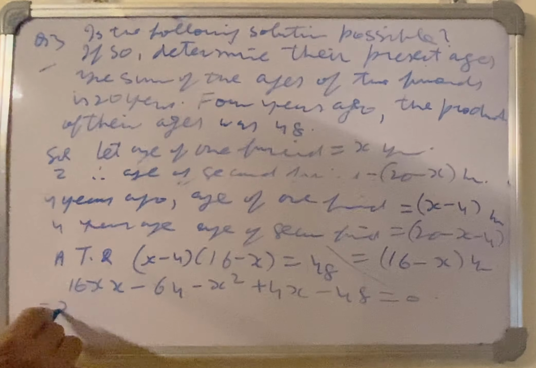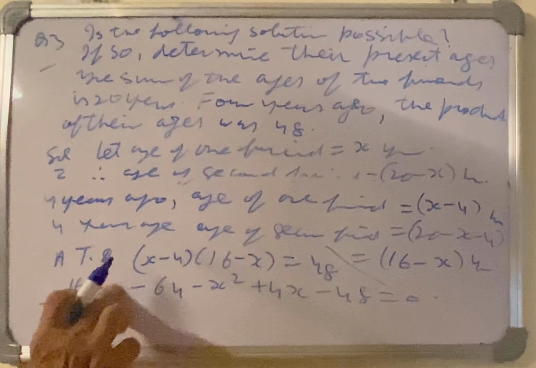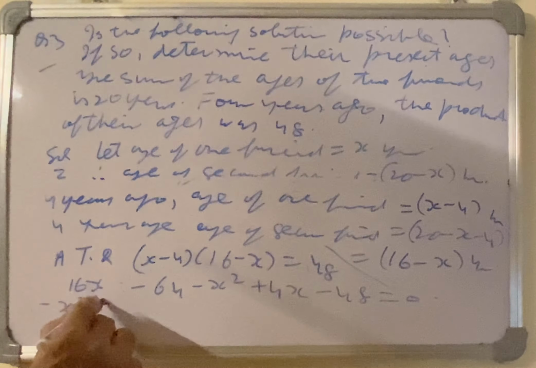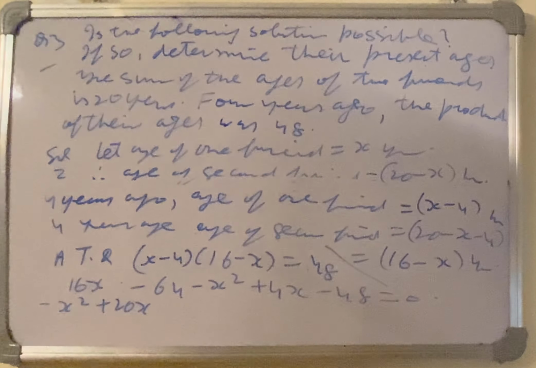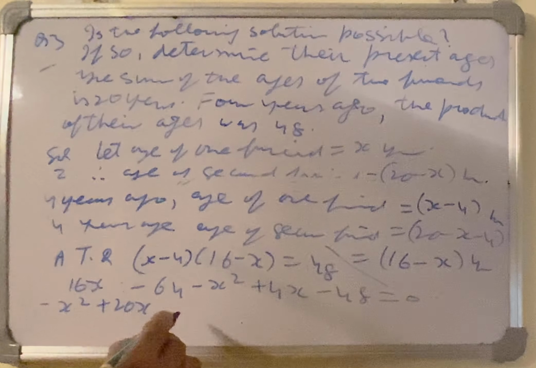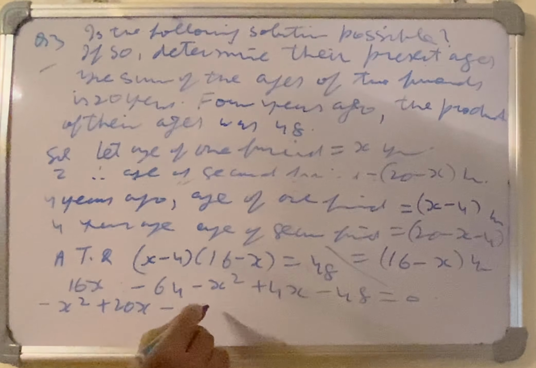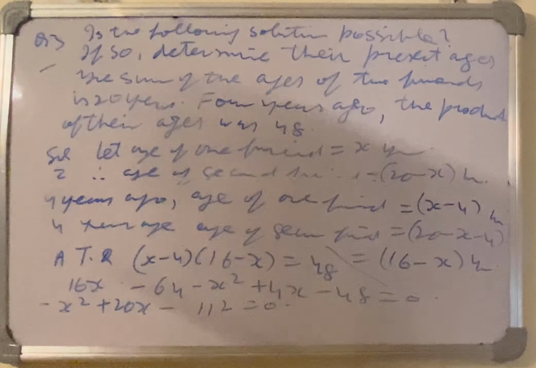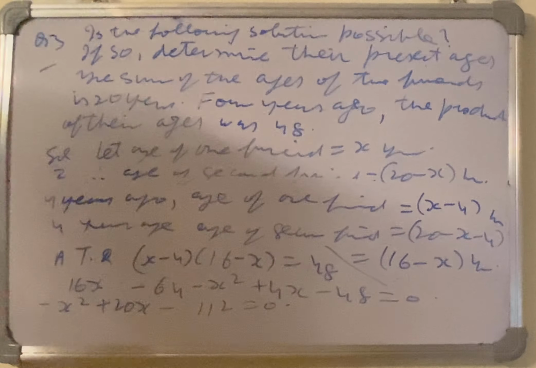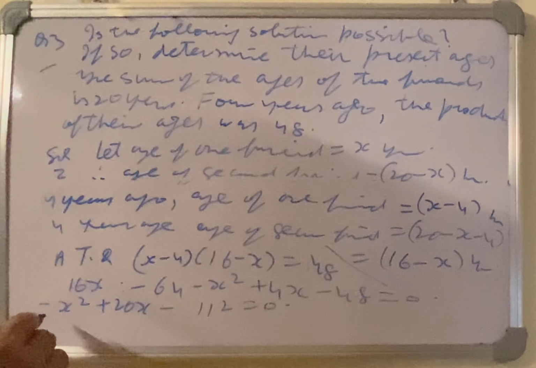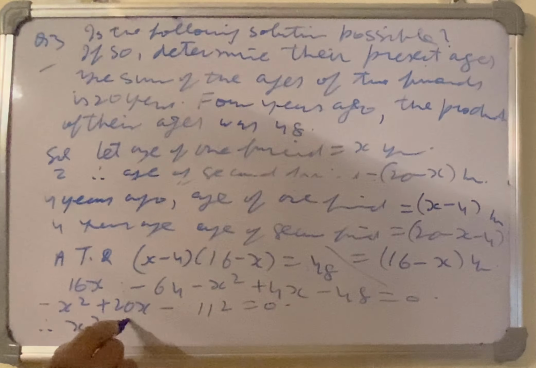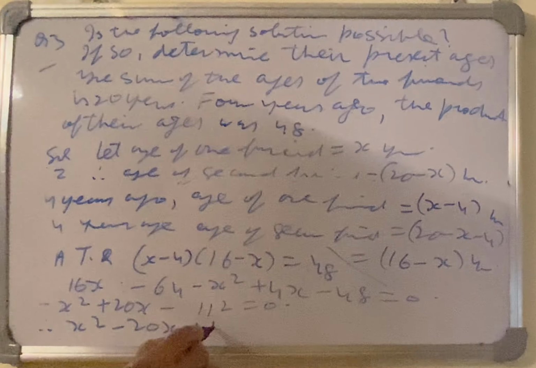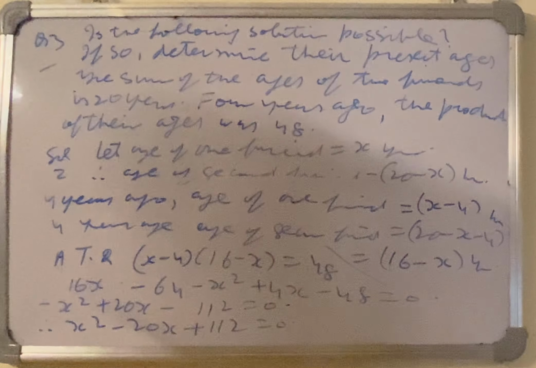So this is minus x square plus 20x minus 112 is equal to 0. Therefore, x square minus 20x plus 112 is equal to 0.